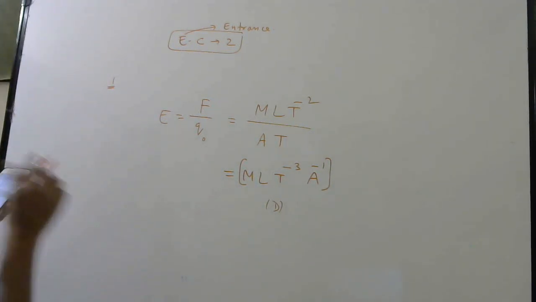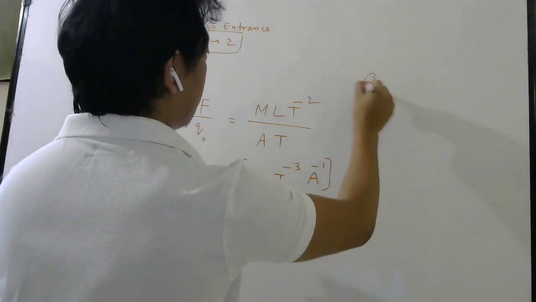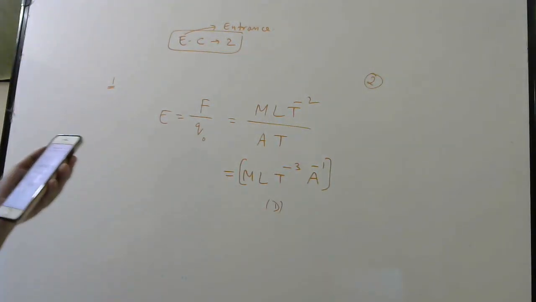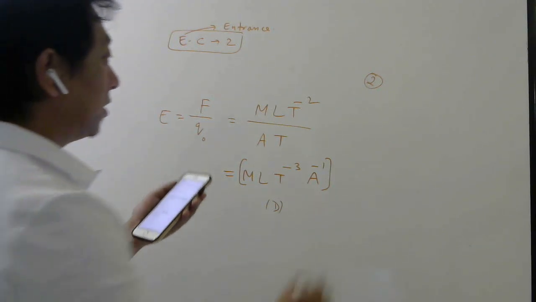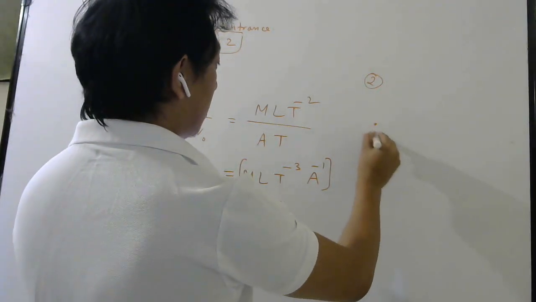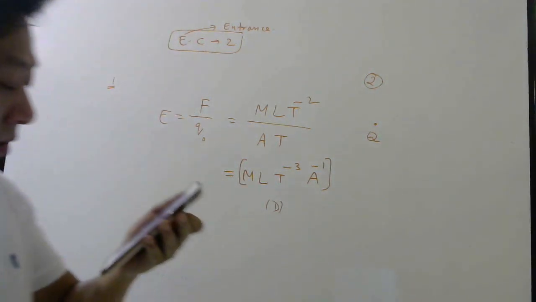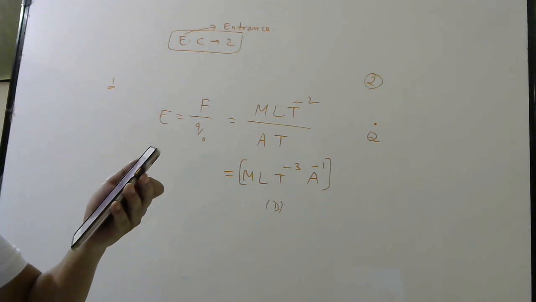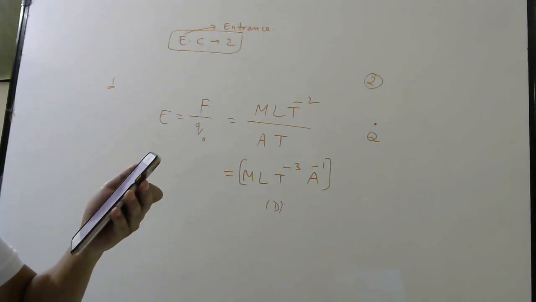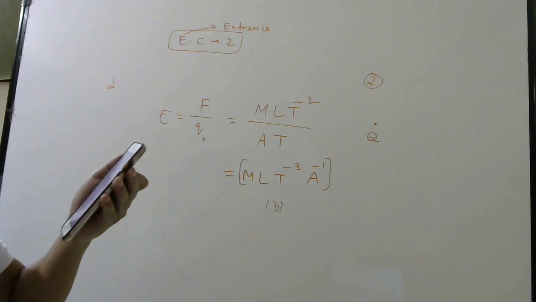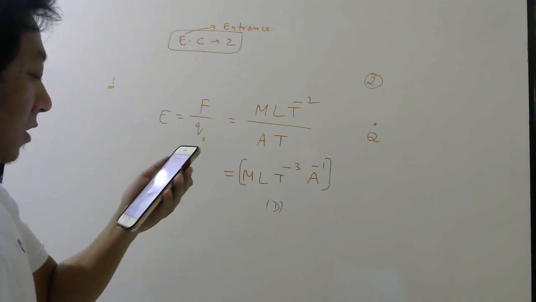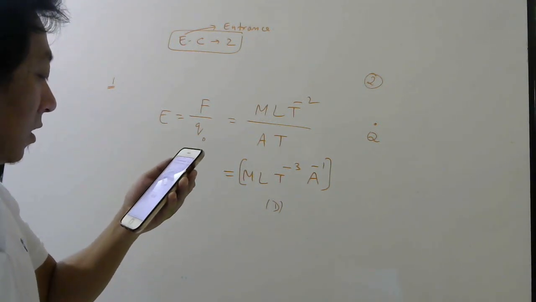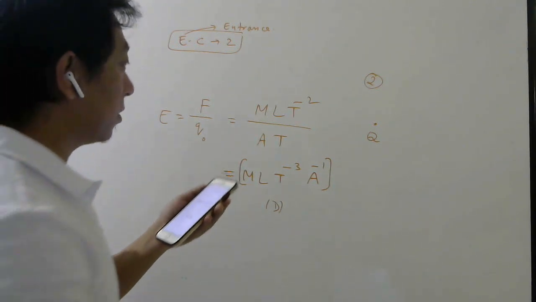Let us see the next question now. Question number 2. Charge Q acts as a point charge. So charge capital Q is a point charge, and to create an electric field, its strength measured at a distance of 30 centimeter is 36 Newton per coulomb.